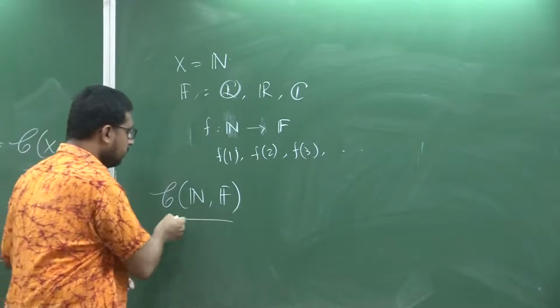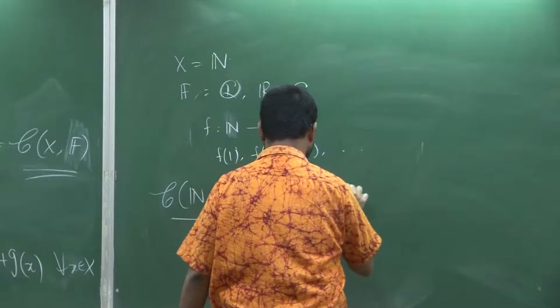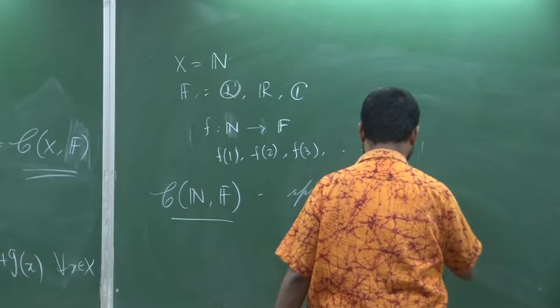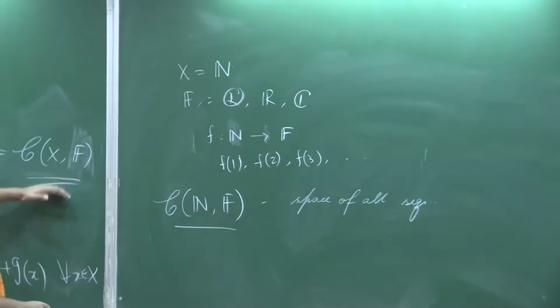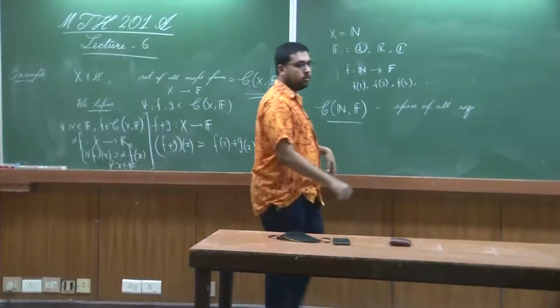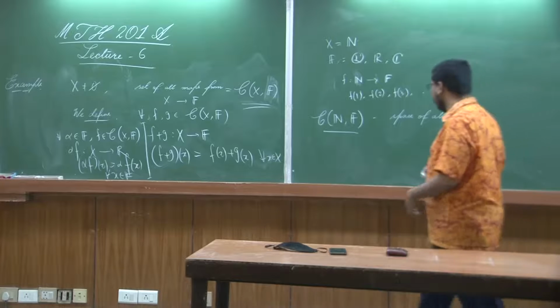So this is the space of all sequences. And you should also note that here it is the general addition for any X, and when you correspond that to this N, let me just show that for you.